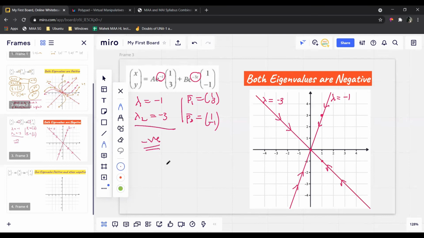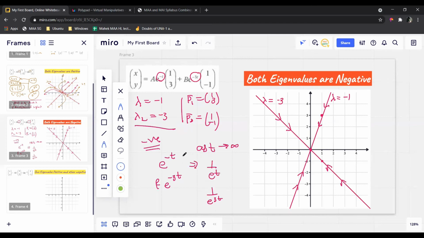Now observe over here, e raised to -t and e raised to -3t. So as t tends to infinity, what happens to this? Which is higher? -1 is higher or -3 is higher? Of course, -1 is higher, right?